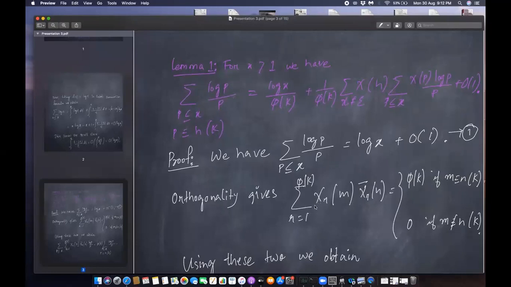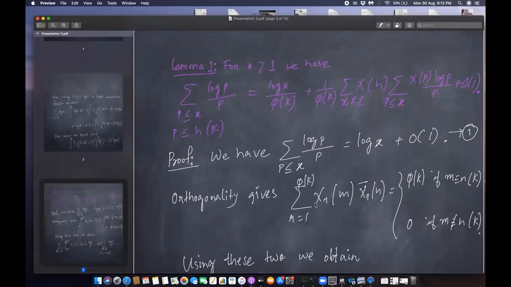So these are the only Dirichlet characters, from 1 up to phi of k. So there are phi of k Dirichlet characters modulo k. Modulo is important.